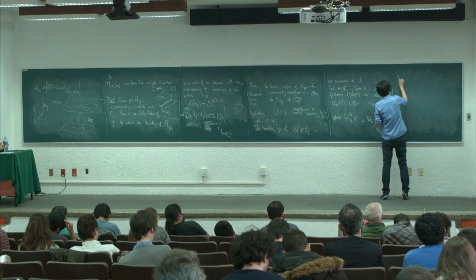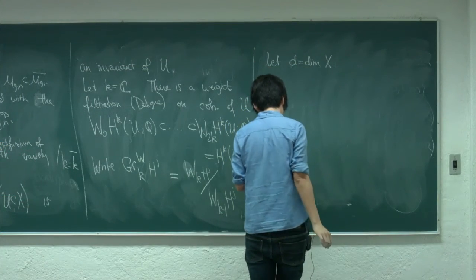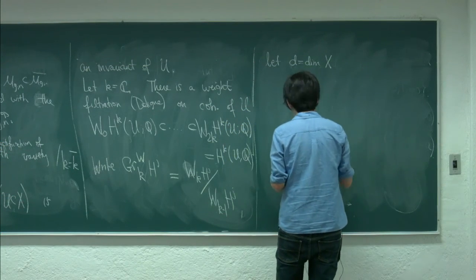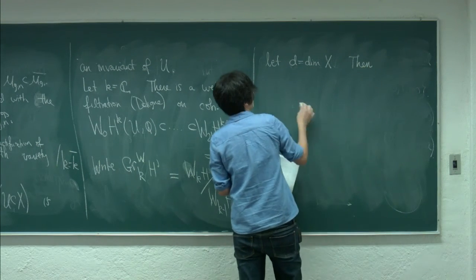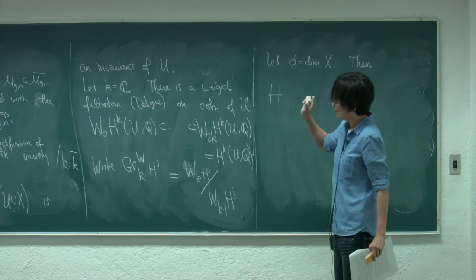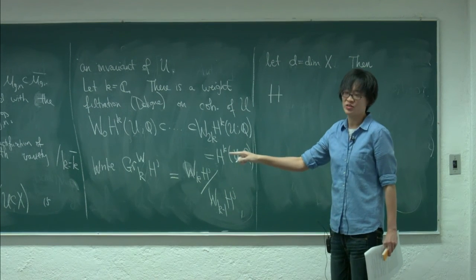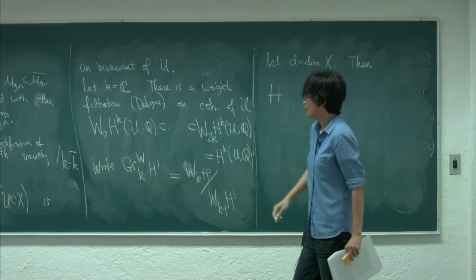And so let me write D for the dimension of the variety X. And then I claim that there is a canonical identification. Okay, what am I trying to say? I'm trying to say that the rational homology of this combinatorial space encodes top weight cohomology.